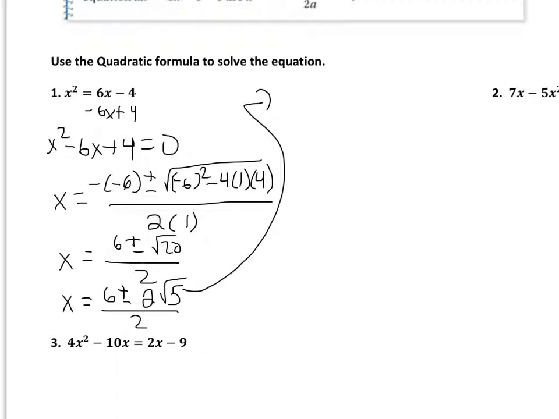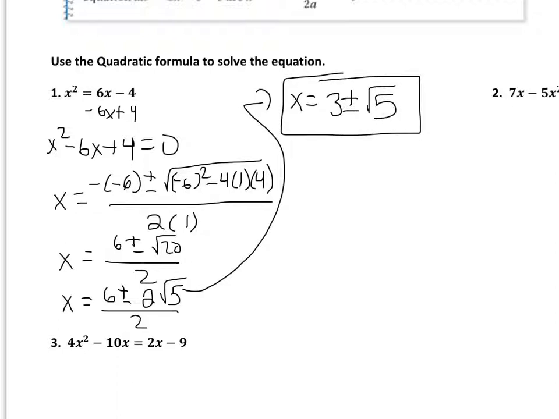So then you get x equals 3 plus or minus the square root of 5. There are your two answers. Exact answers, no decimals. Okay?